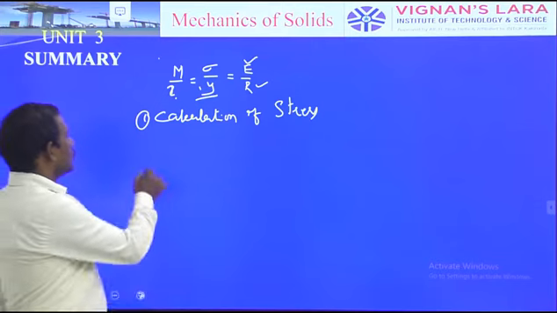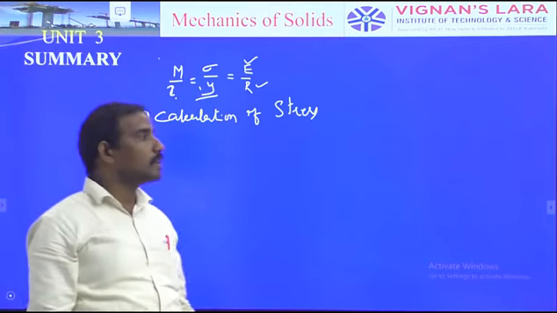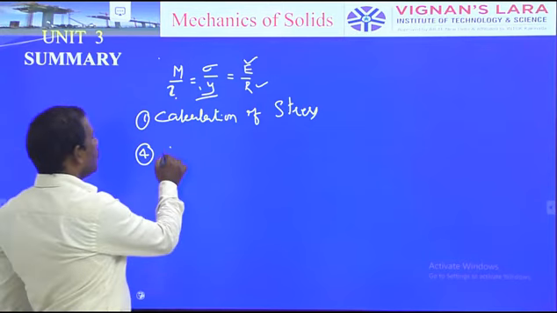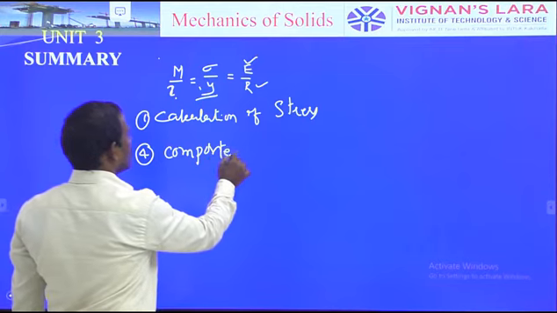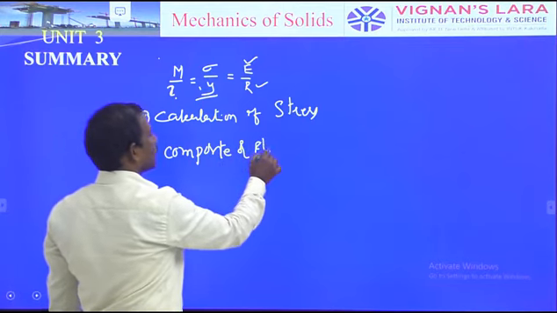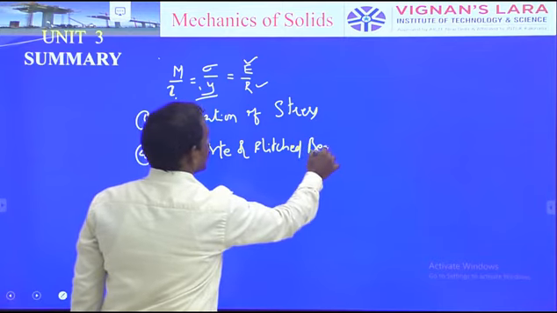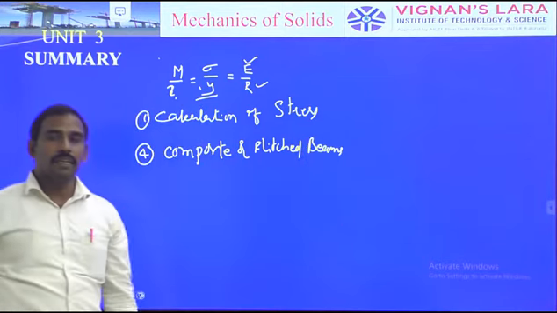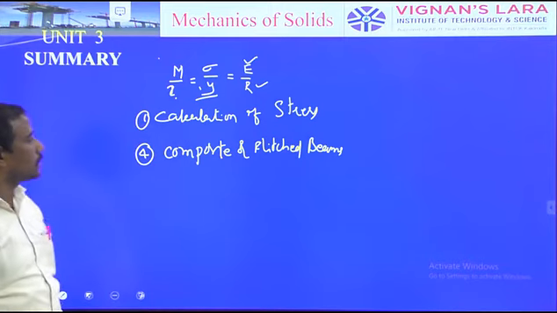Then the last one in the bending stress calculation part is the composite or flitched beams. I think this word is very familiar, which was discussed in the first unit itself.